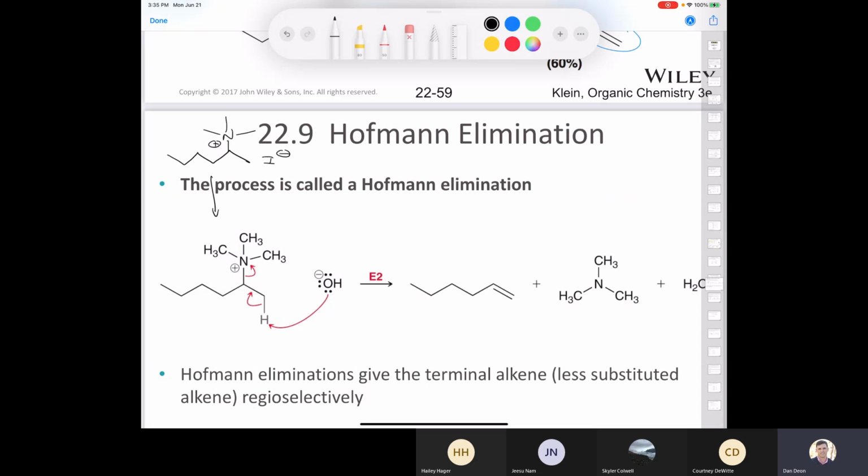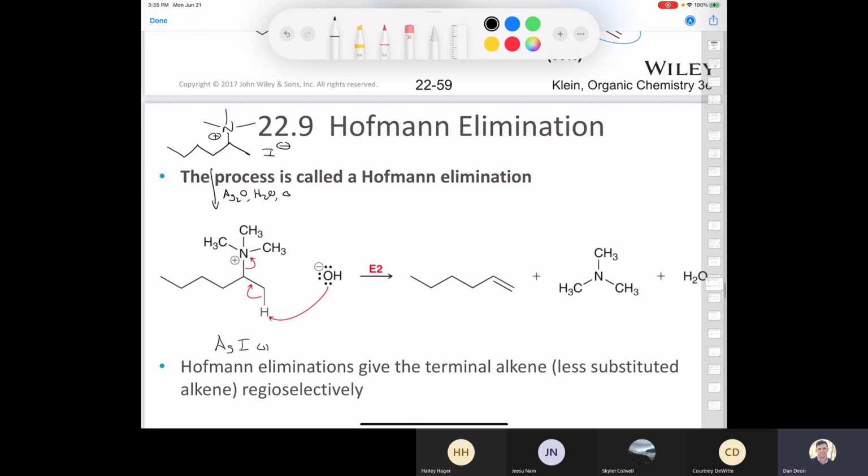Then you treat it with the silver oxide in water and you heat it up, okay? You basically exchange the iodide for a hydroxide, so you end up precipitating silver iodide out of the solution, so this is a solid, and then you end up with the base, and the base does the E2 reaction to make the Hofmann product, okay?